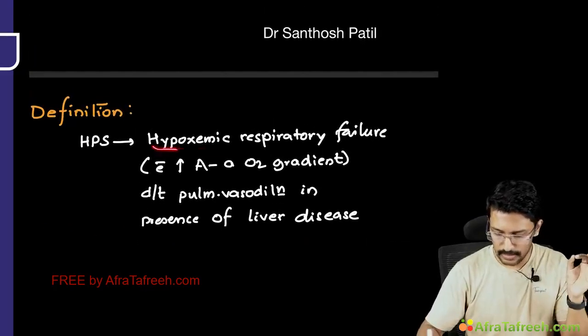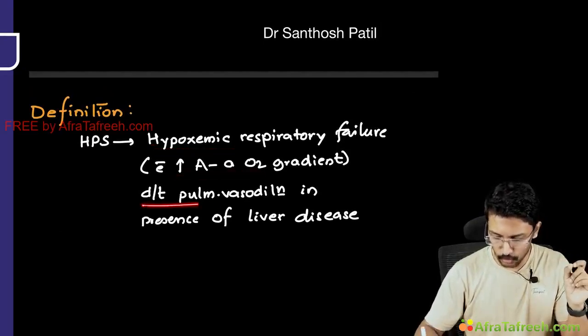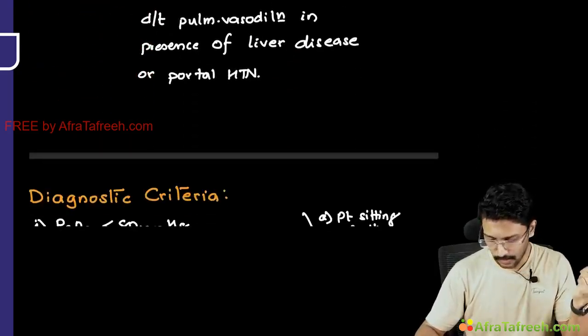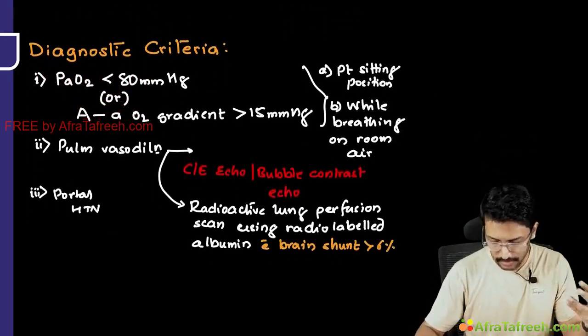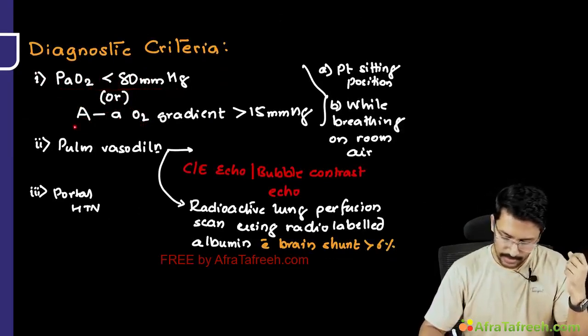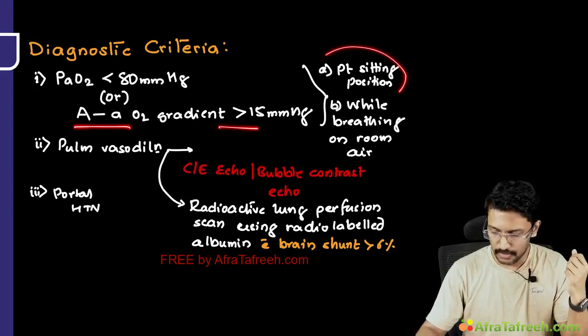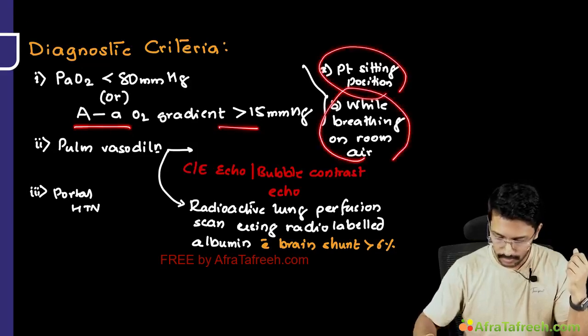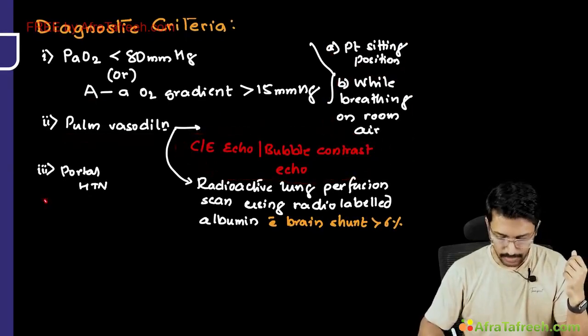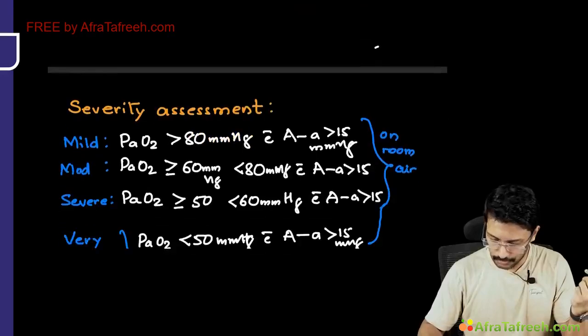Definition says hypoxemia with increased alveolar arterial oxygen gradient due to pulmonary vasodilatation in the presence of liver disease or portal hypertension. Diagnostic criteria: we prove the same three components of the definition. PaO2 less than 80 or a gradient of more than 15 while the patient is in a sitting posture, breathing room air. We also prove there is pulmonary vasodilatation using bubble contrast echo, and the patient should have liver disease or portal hypertension.